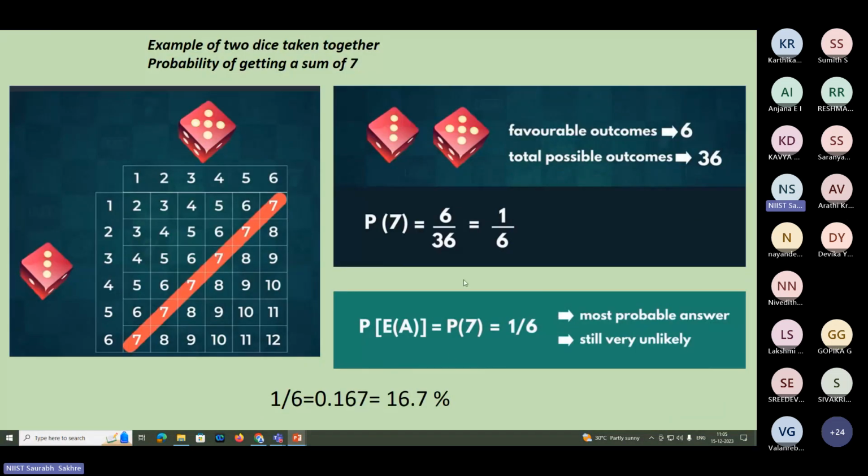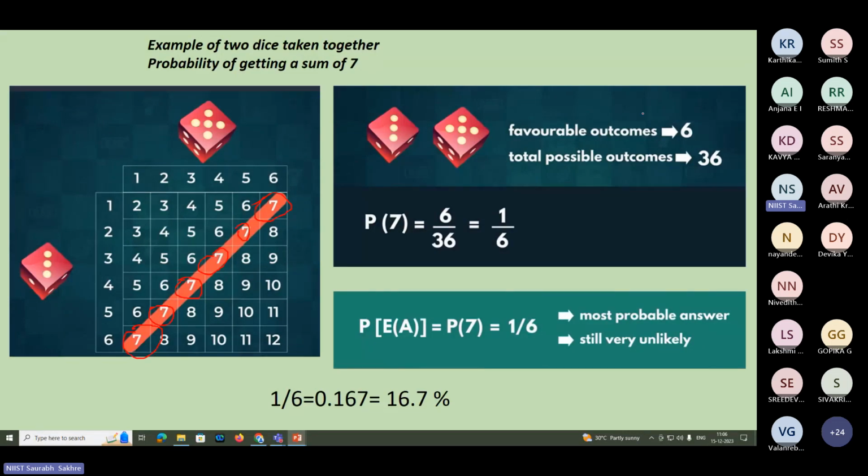So in that case, I have to count where all 7 is there. So 1, 2, 3, 4, 5, and 6. So there are 6 chances that we will get a sum of 7 when we throw these two dice.